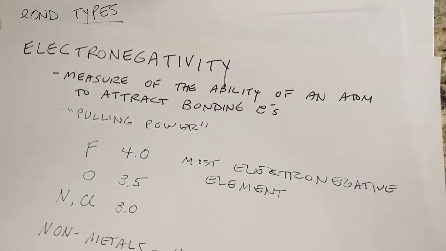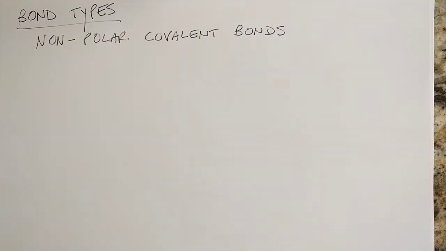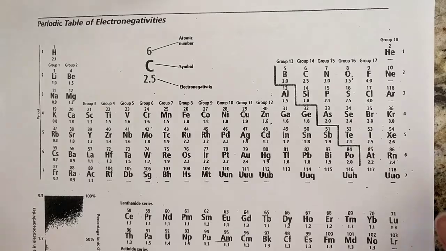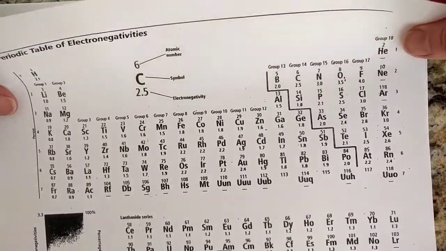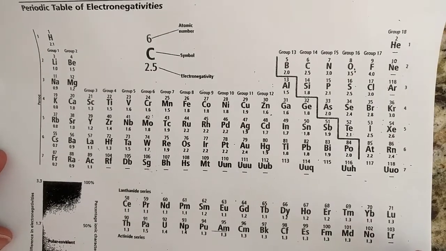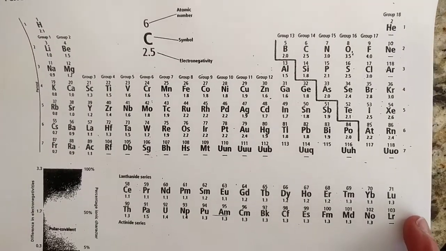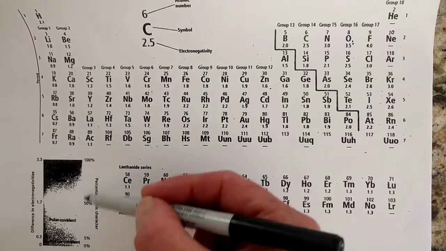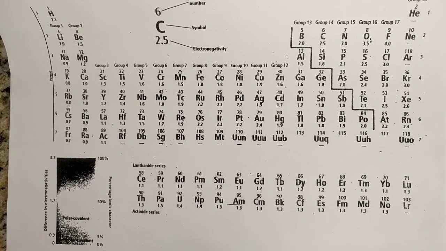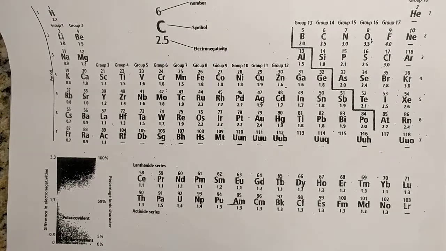So now we're going to look at the different bond types. And before we get to that, we're going to look at our chart again, because we're going to be using this chart. In this chart, if it's printed out, or if you're looking at it on your computer, we have this little bar chart here. The bar chart in your textbook is on page 176.